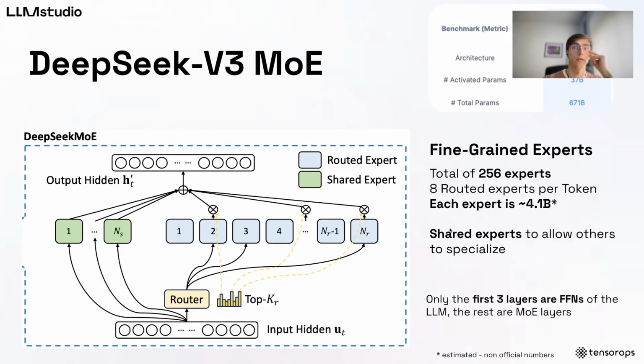And they are used to allow others to specialize, meaning these ones on the left here. So these shared experts, the concept is that these are always active. So while you have the 8 that you route to out of the 256, then you have N shared experts. Those are always chosen, okay? Independent of the router, those are always chosen.